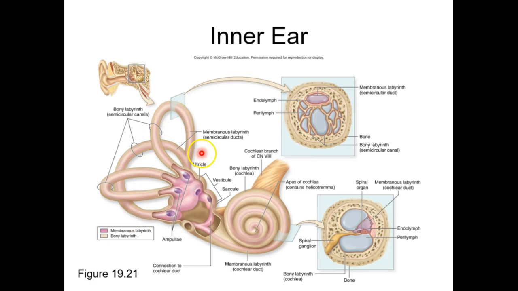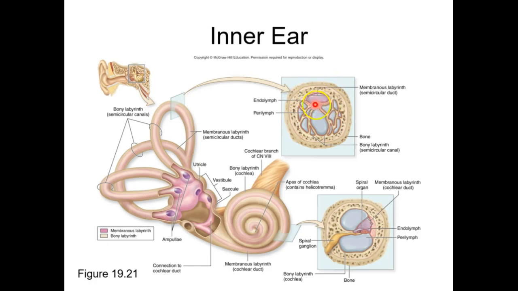The bony labyrinth, that's this whole structure as a whole. It's actually sort of in negative space. It's protective. It's encasing all of these structures. Within the bony labyrinth, there's actually a membranous structure. Now, if you took this semicircular canal, this fancy hula hoop, and you took a little cross-section slice of it, you would have this appearance right here. And only this stuff in pink, that's the membranous labyrinth.